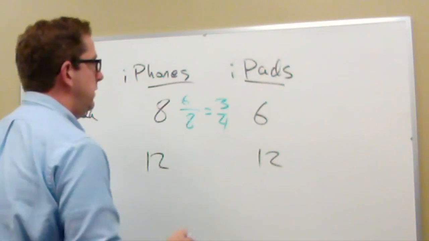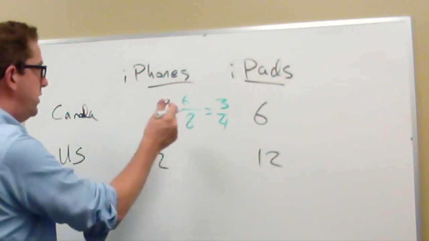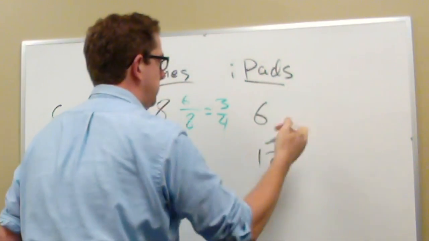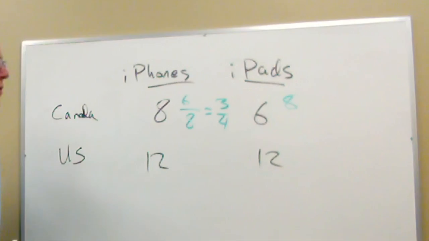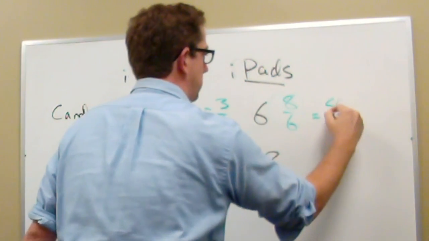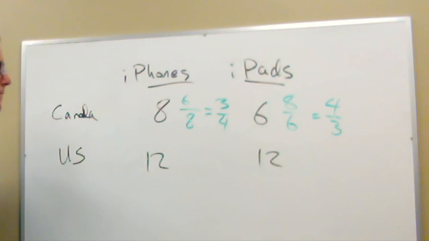Similarly, we give up the opportunity to produce 8 iPhones in order to produce 6 iPads. The opportunity cost of each iPad is 4/3 of an iPhone, or 1 1/3 iPhones.